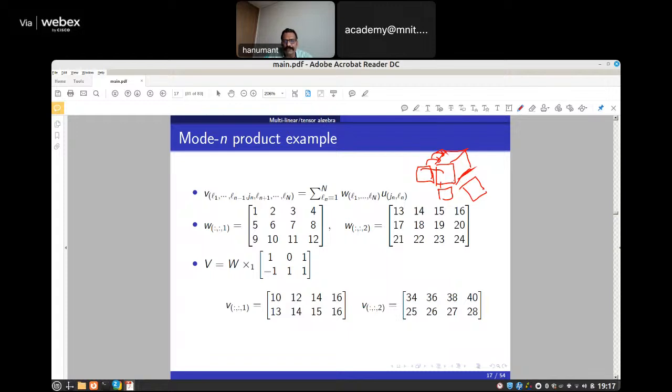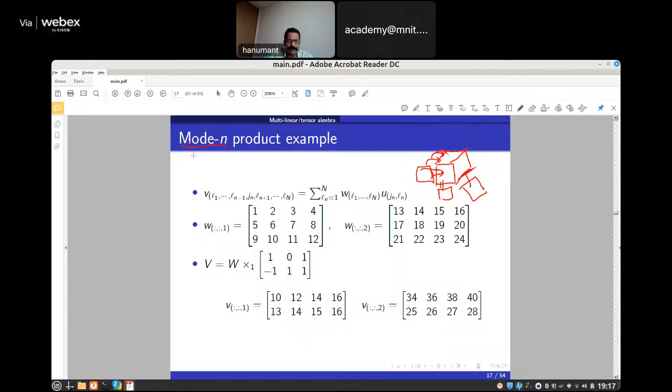For a matrix multiplied with a tensor, let's say a third order tensor, there are three ways to do the matrix and tensor product. I can multiply in the mode 1 direction, the mode 2 direction, or the mode 3 dimension.